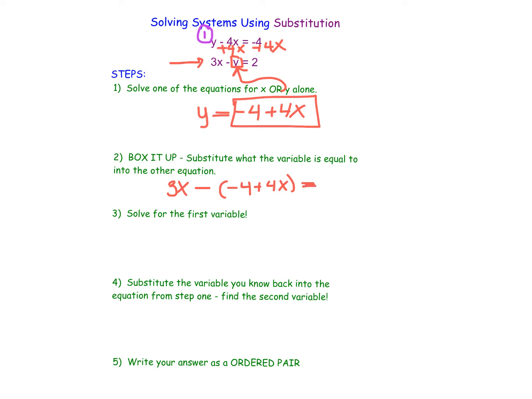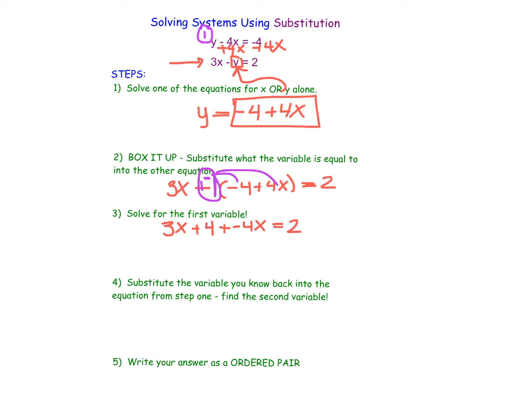is equal to 2. And then from here I notice that I have a negative number in front of the parentheses, which is really a negative 1, so I'm going to utilize keep, change here. And then in order to solve for that first variable, I'm going to distribute that negative 1. So here I have 3x, negative 1 times negative 4 is plus 4, and then plus a negative 4x is equal to 2.